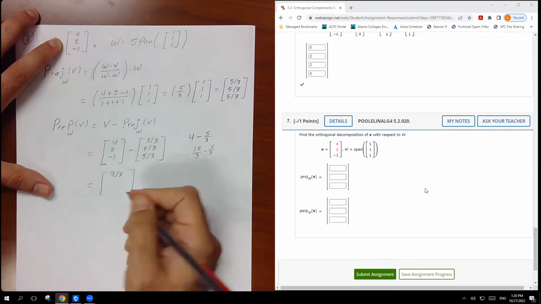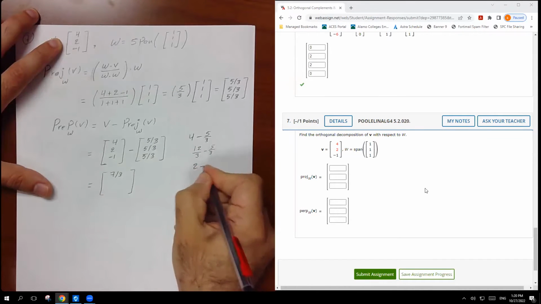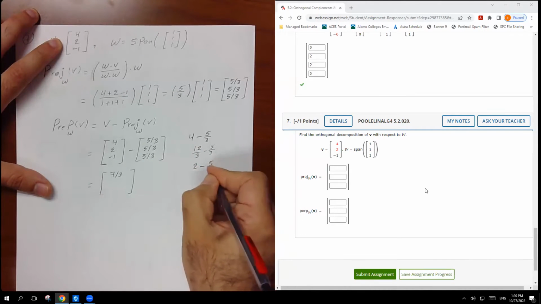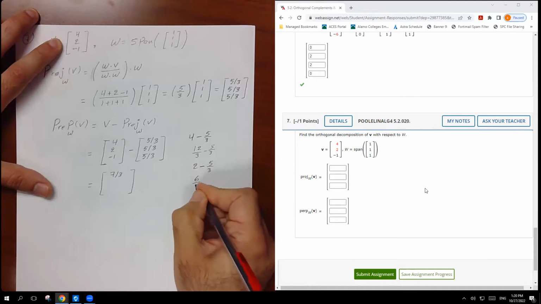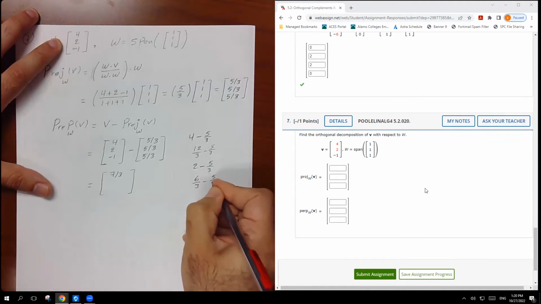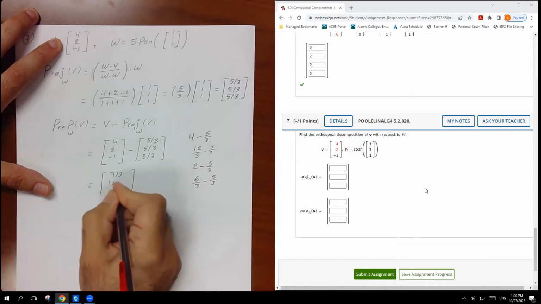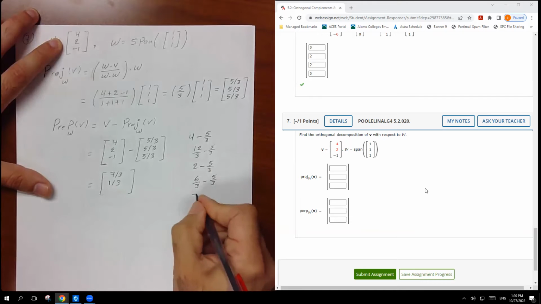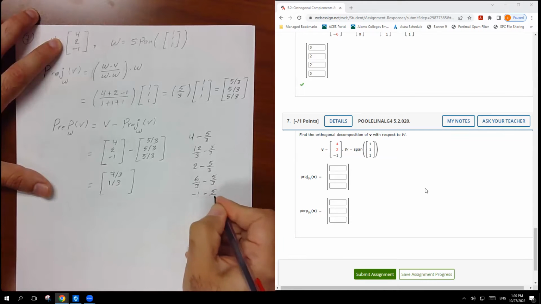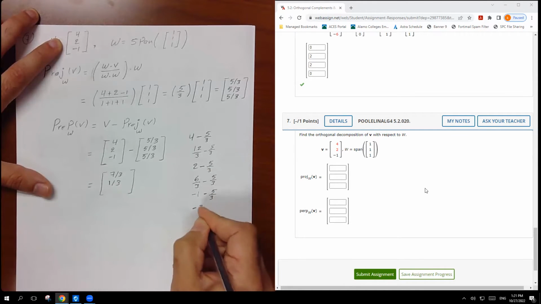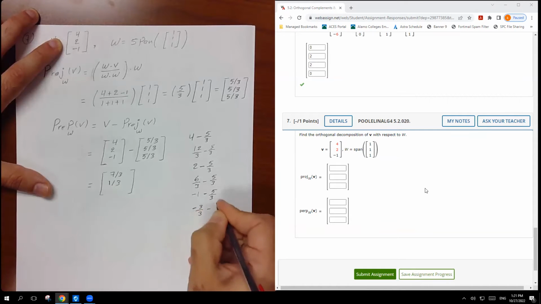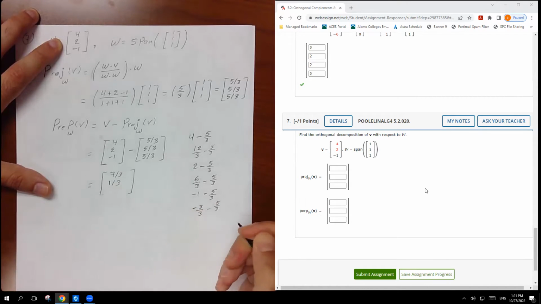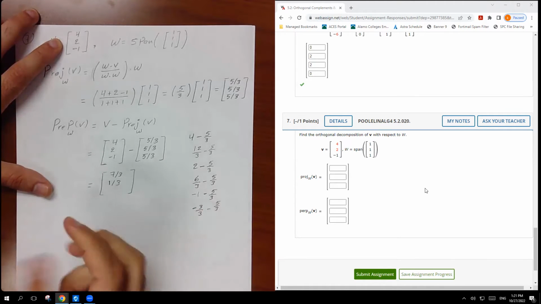The second one is 2 minus 5 over 3, so 6 over 3 minus 5 over 3 is going to be 1 over 3. The third one is negative 1 minus 5 over 3, so negative 3 over 3 minus 5 over 3 is going to be negative 8 over 3.